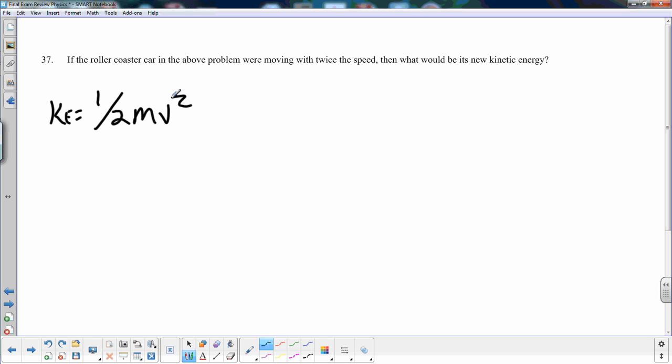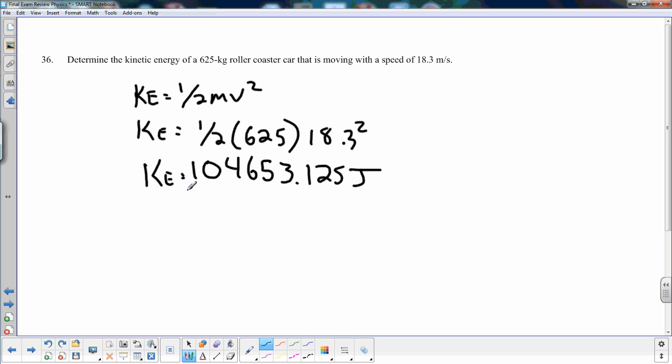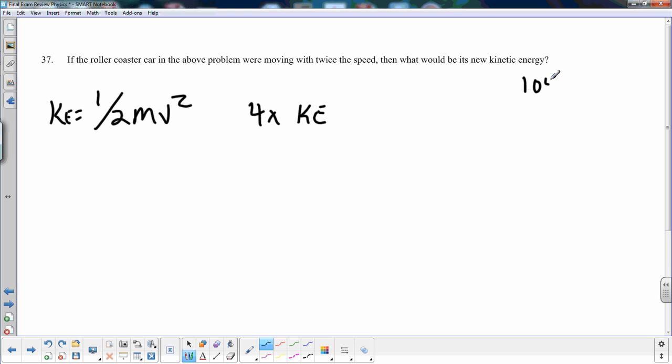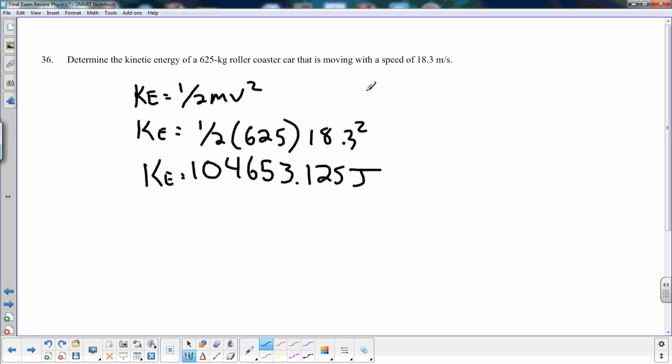So KE equals 1/2 m, 625, times 36.6 squared. 0.5 times 625 times 36.6 squared.